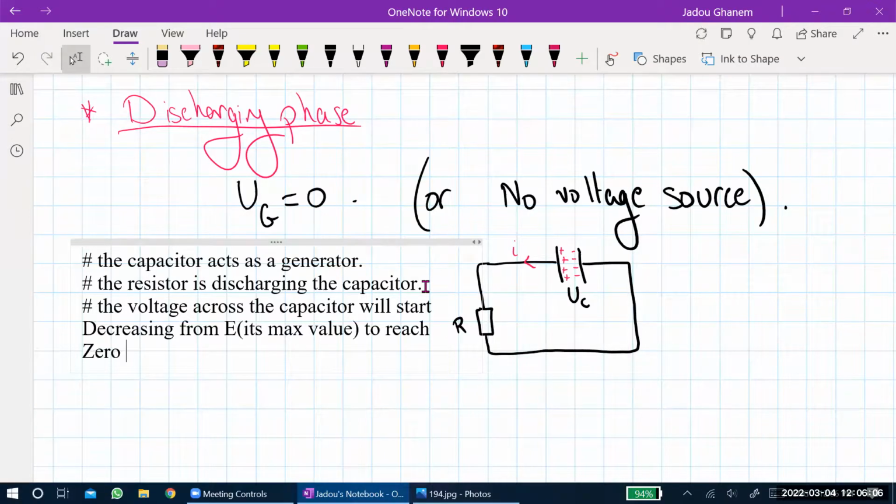And sure, once it's totally discharged, the voltage across the capacitor will be 0.